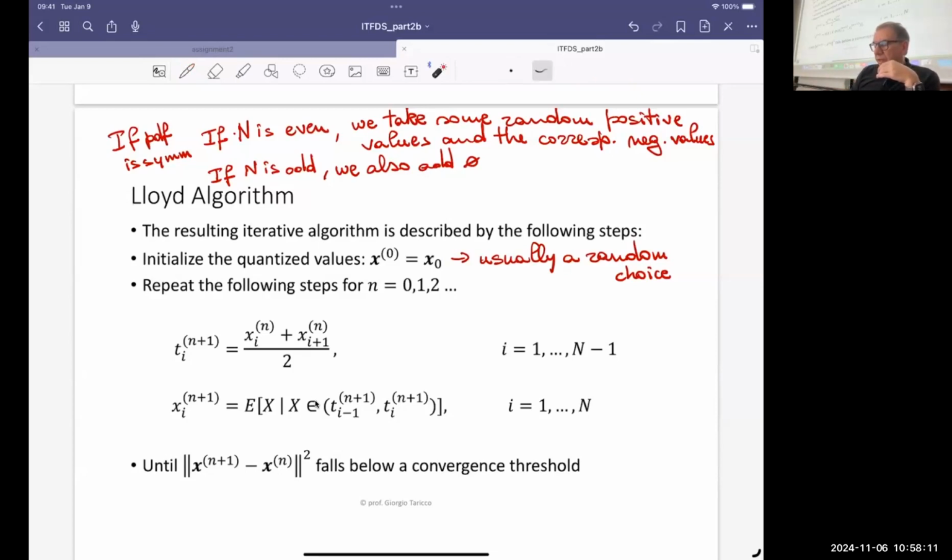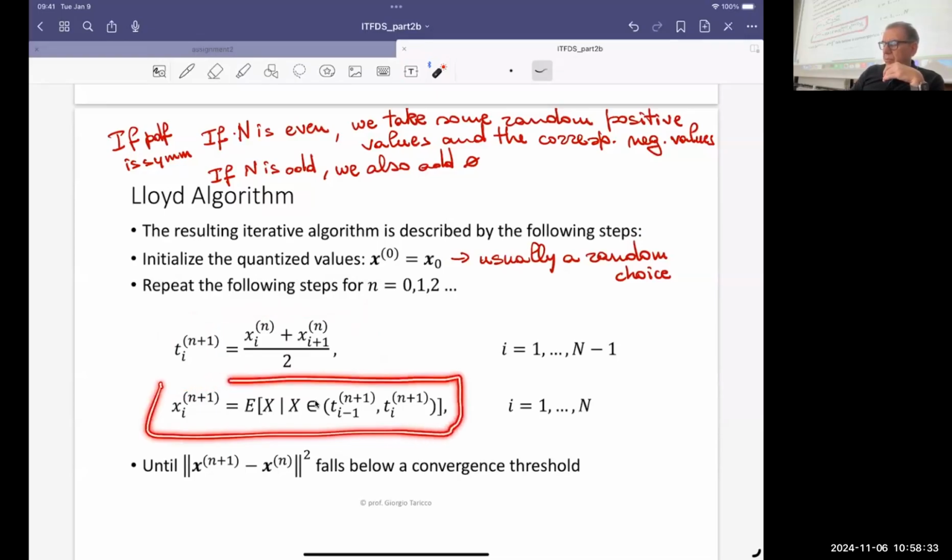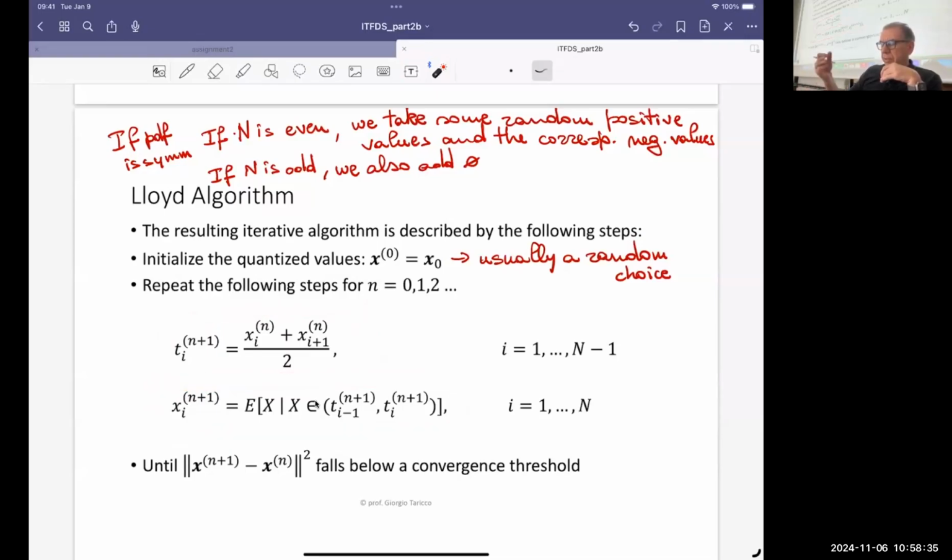So after the first initialization step, we have an iterative sequence of steps that corresponds to the calculation of the thresholds and of the quantization points, iterated quantization points.